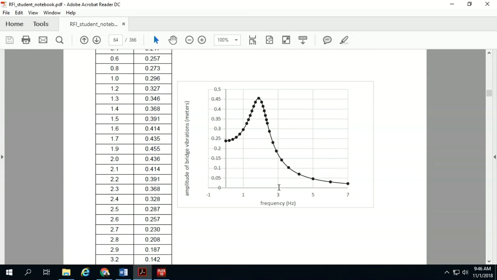The amplitude is the highest during those sections, right? So the bridge was built for something other than walking or running across, wasn't it? Because its biggest vibrations happen when you run or walk.